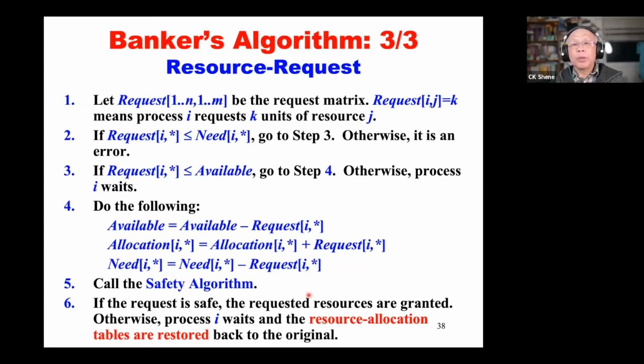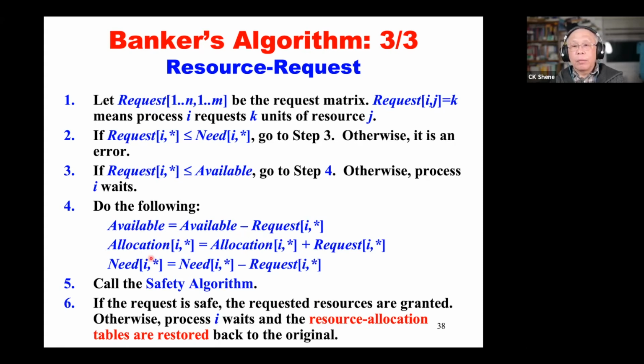We just give the resources to process i. Otherwise, process i waits, and the resource allocation tables are restored back to the original. That is, add the request back to available, subtract the request from allocation, and add the request back to the need.